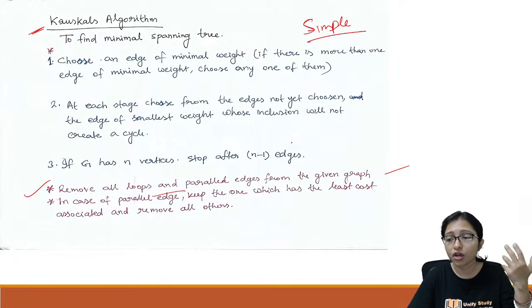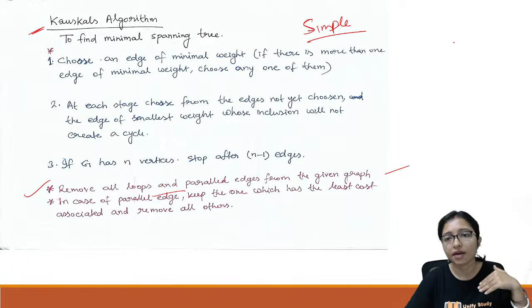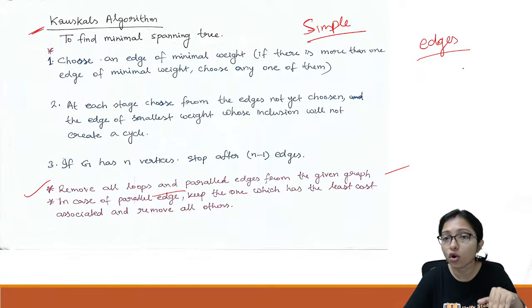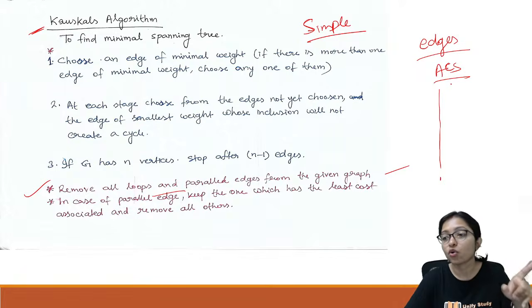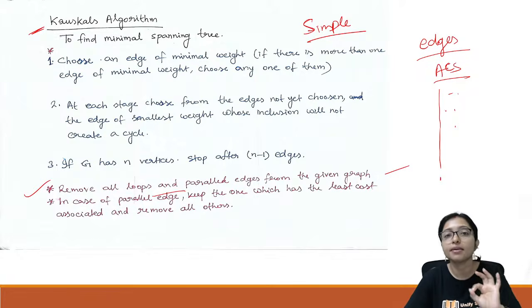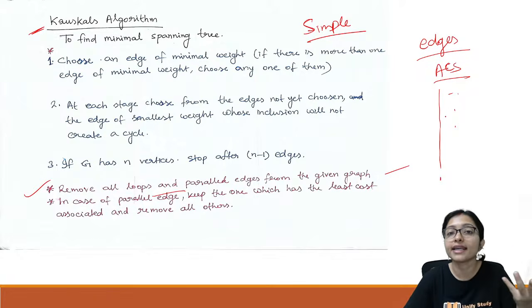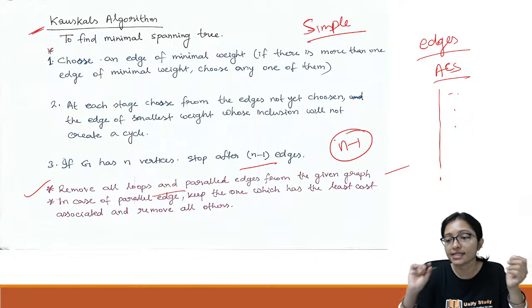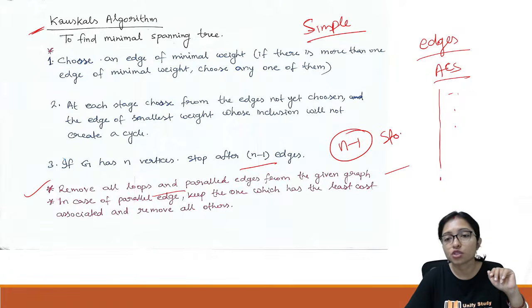After that, from whatever is given in the graph, make a list of edges according to the cost in ascending order. After that, choose one by one the edge which is minimum and which is not creating a cycle. You can stop when n-1 edges are done.